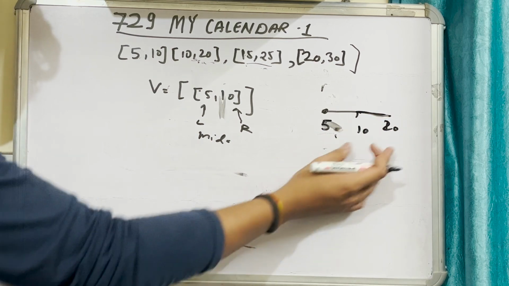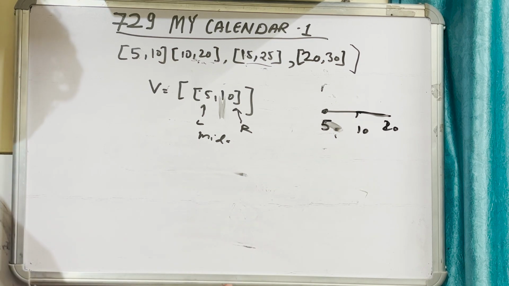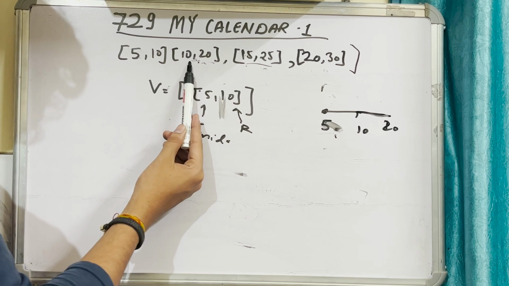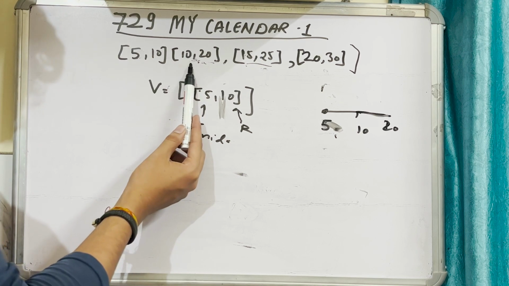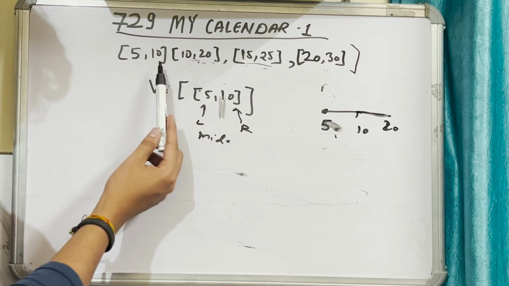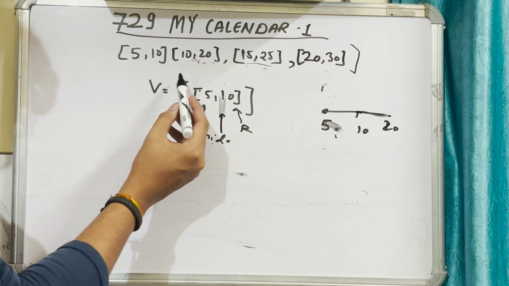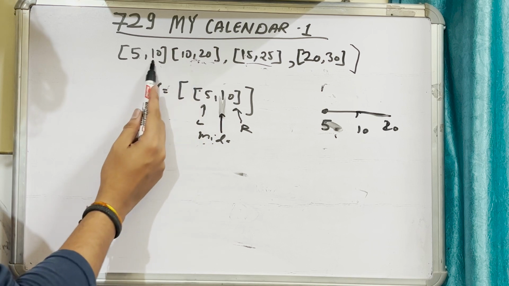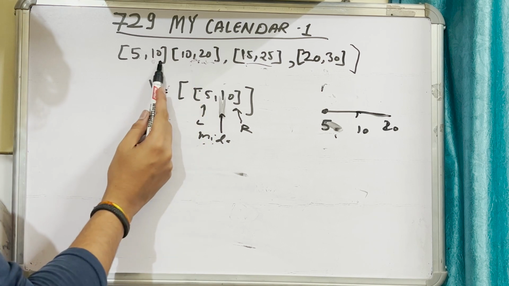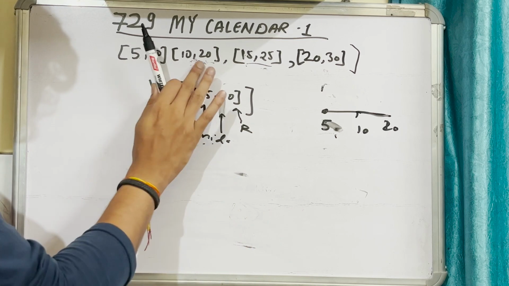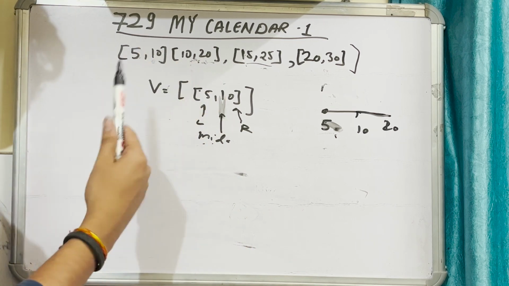So you will check if this is coinciding or not. Simply you can use an if else statement. If the starting point that is coming is less than the ending point of the mid, which will be pointing here for information, and this is more than this, it will simply return false.